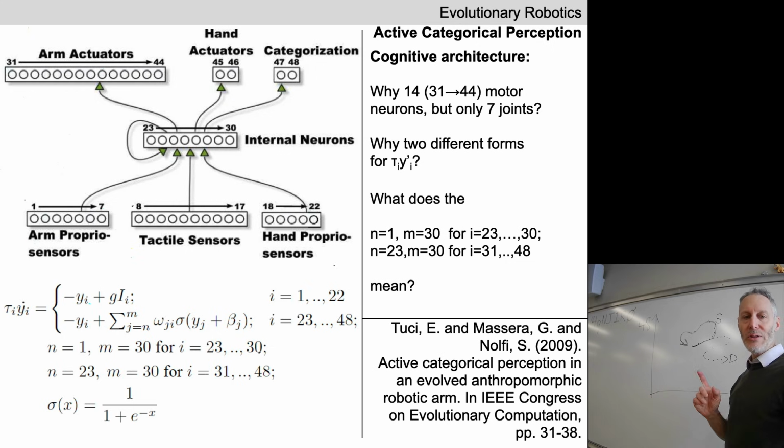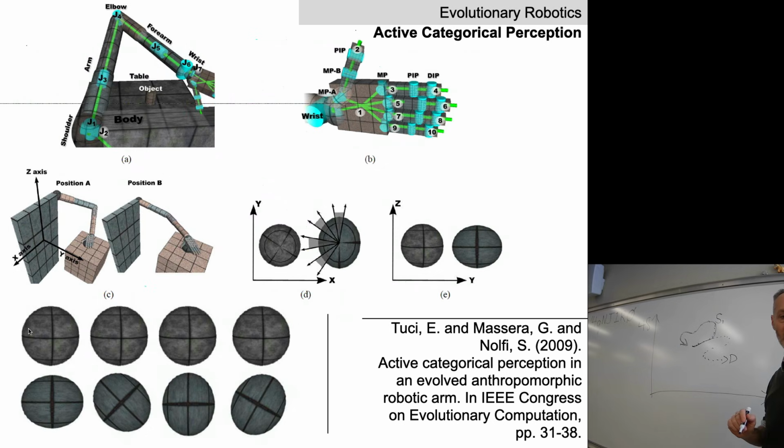Okay. Remember, though, that for every CTRNN, we're evaluating every CTRNN 16 times. So we've got one set of values for 47 and 48 during the first presentation of the sphere. Let's say we get these sets of values for neurons 47 and 48 in the first presentation of the ellipsoid. When we put the sphere underneath again, we probably get something that looks quite similar because the sphere is the sphere.